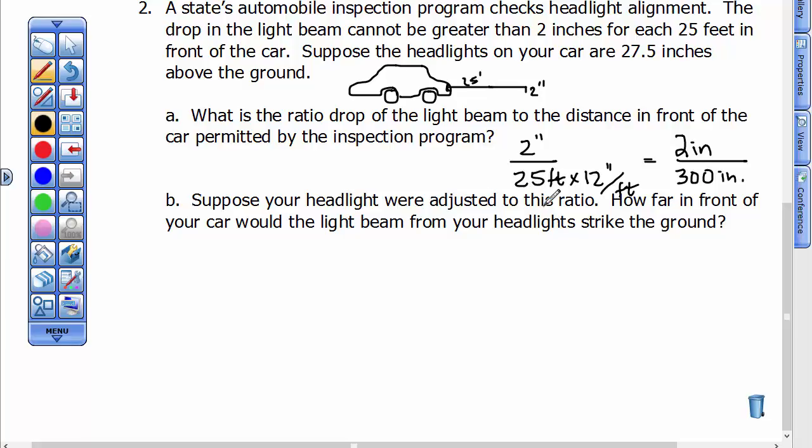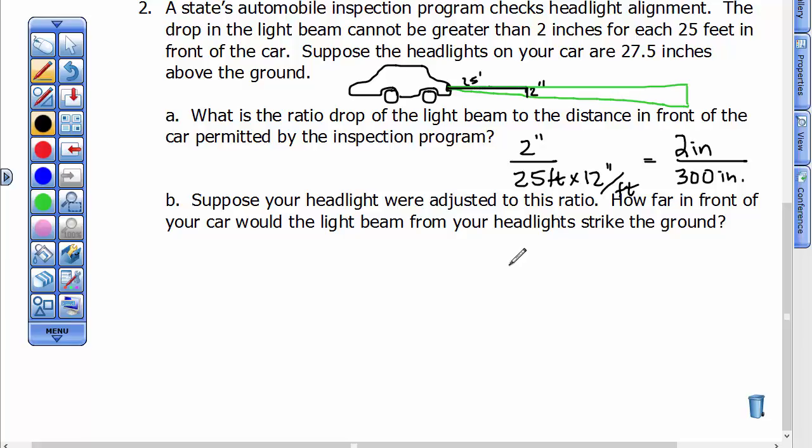Because now what I want to figure out is, suppose your headlights were adjusted to that ratio, how far in front of your car would the light beam from your headlights strike the ground? So let's just use green, and let's go way out here, and that light beam's going to strike the ground. So I'm looking at this green triangle in comparison to this black triangle, the 2 inches and the 25 feet.